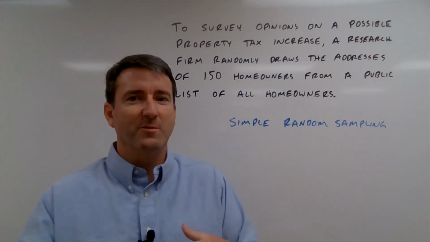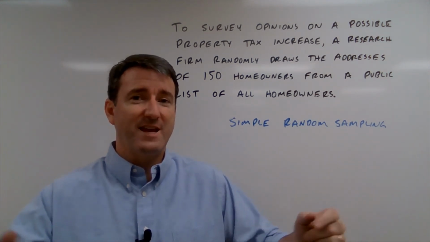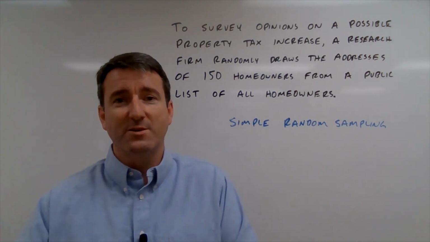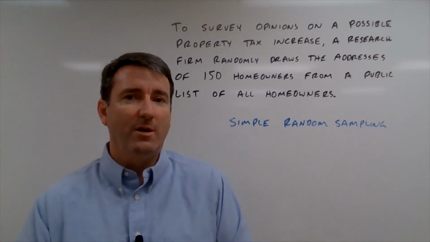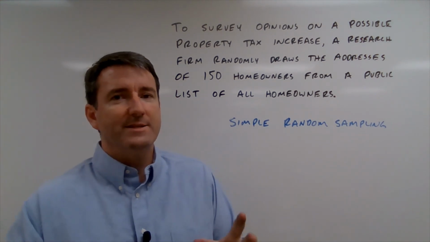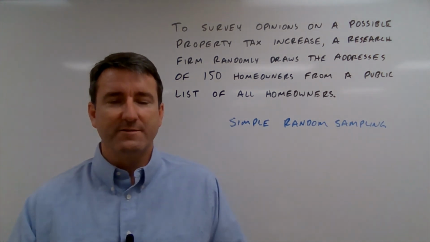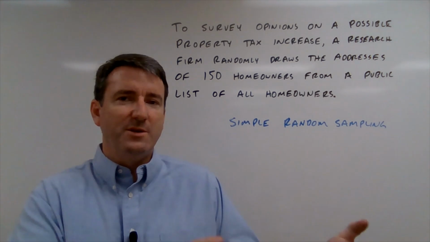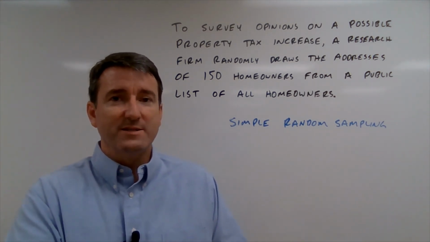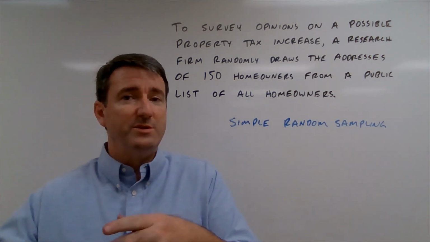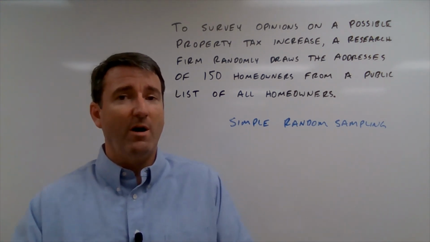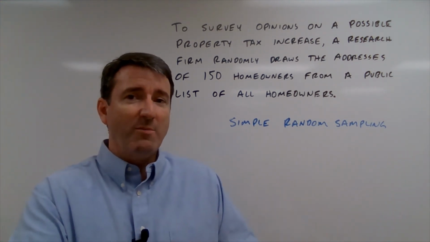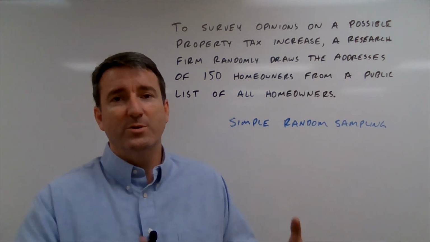We need to make sure that we're choosing a representative sample of the entire population, which is going to include homeowners and also people who don't own a home. And so this isn't going to be a representative sample. We could really get some skewed results by doing this, because people who don't own a home are likely to have a different opinion overall about a possible property tax increase than those who own a home.